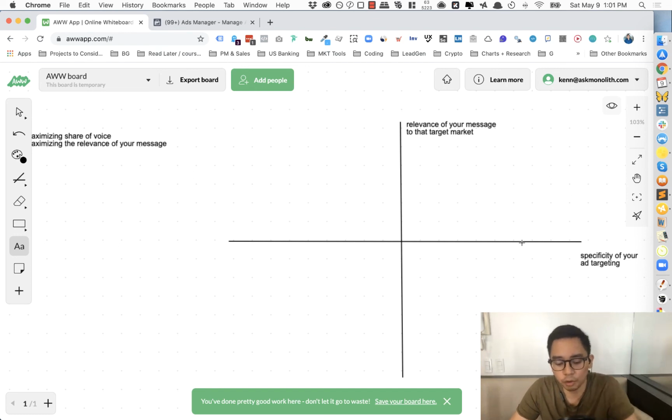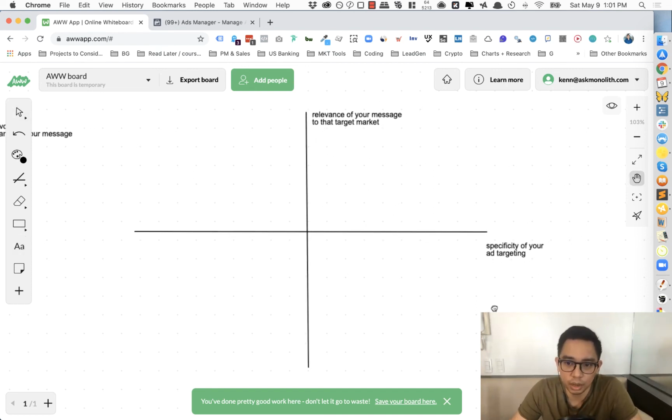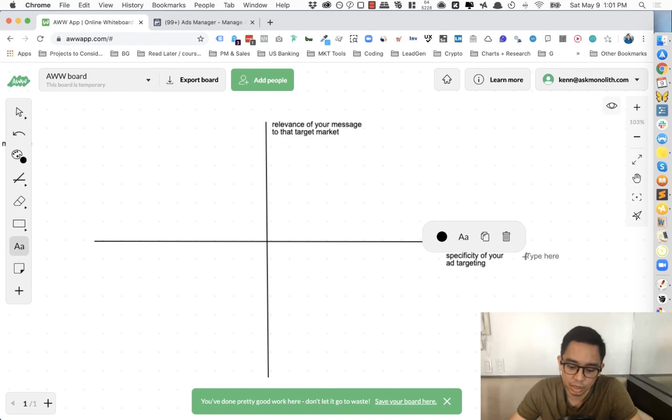Now for extra points, you want at least 90% reach for your ads. What is 90% reach? It means for the ad target that you have defined, you need to reach 90% of them. You can set that within the Facebook Ads Manager if you're using Facebook. So that's extra points there.